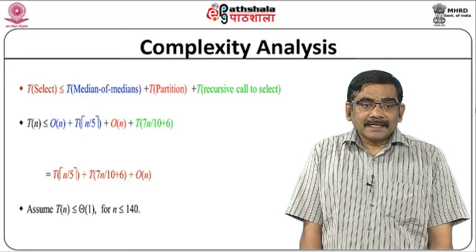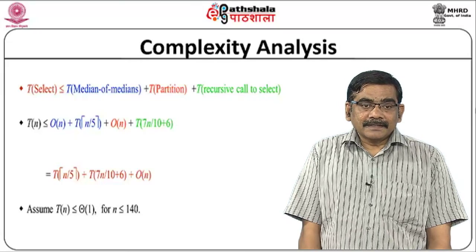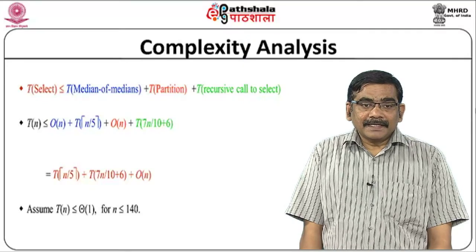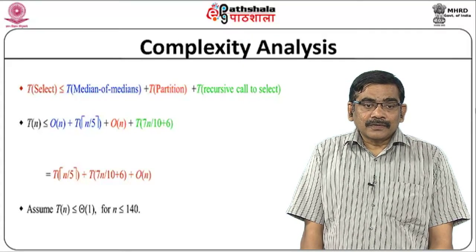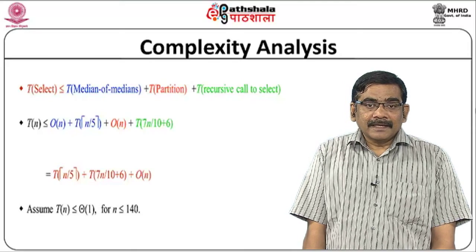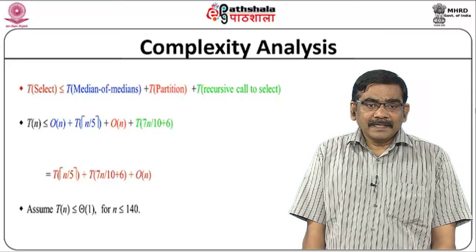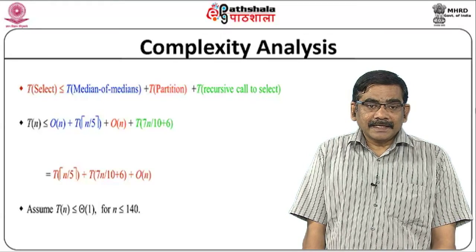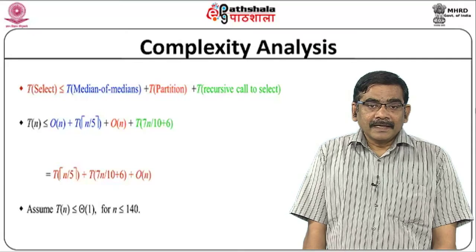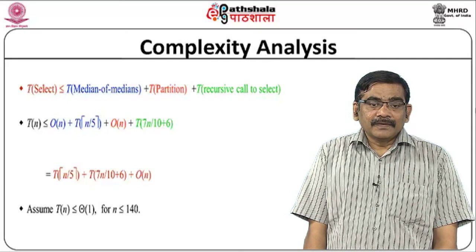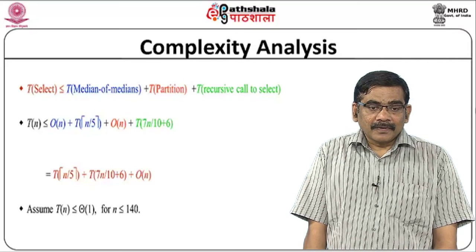The complexity analysis involves the problem of finding the median of medians, partition, and adding. We are cutting the list into lists of 5 elements each. Partition takes order of n, along with the recursive calls. If you put everything together, it is going to be order of n.